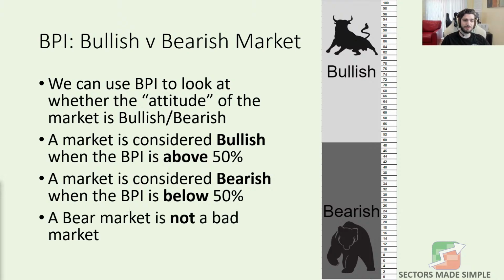Now, as I said before, if all you care about is how excited or how optimistic people are, BPI is an interesting one to look at for that, because a bear market is not a bad market.